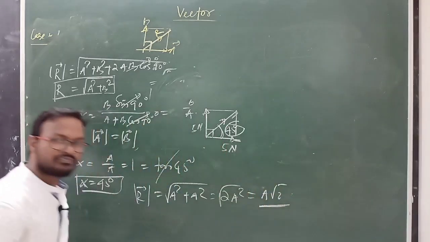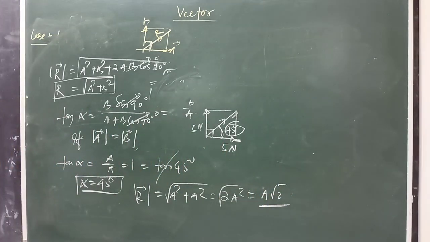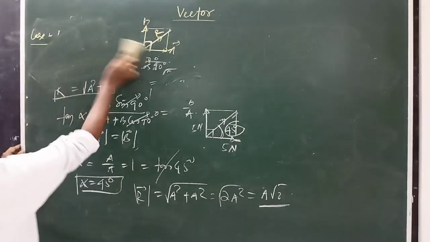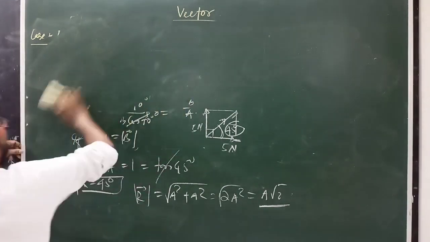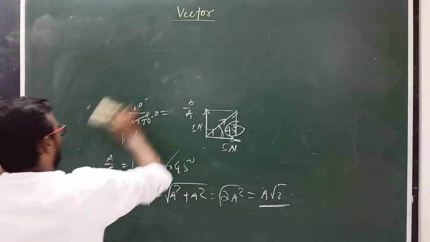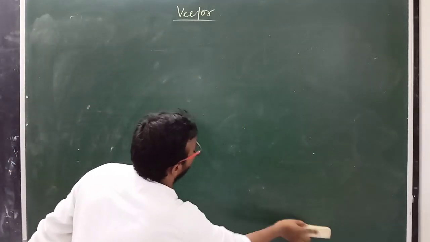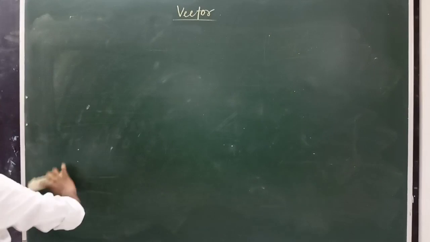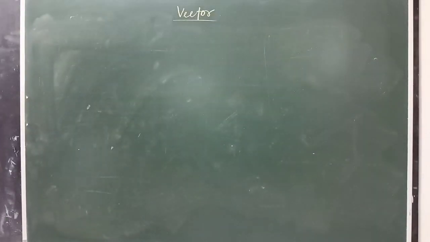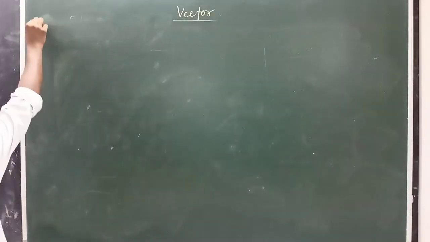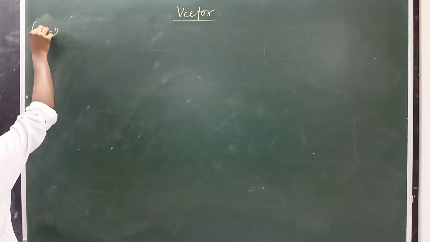This is the answer. Clear? And if we discuss another important case, if the angle between two vectors is 180 degrees, or two vectors act on a particle 180 degrees to each other, case number 3.